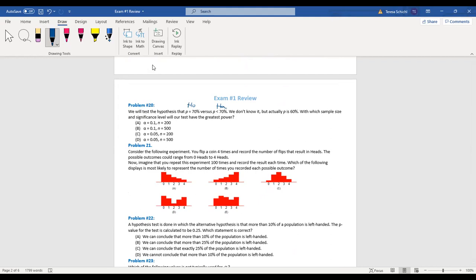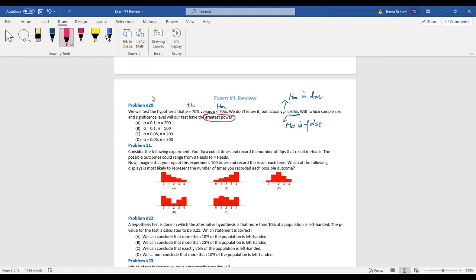So the P is 60%, which means HA is true. Or you can say H0 is false. And they ask which sample size and significance level will give our test the greatest power.